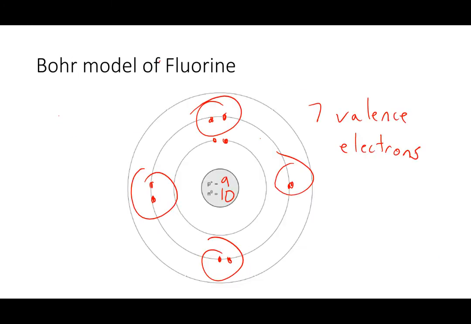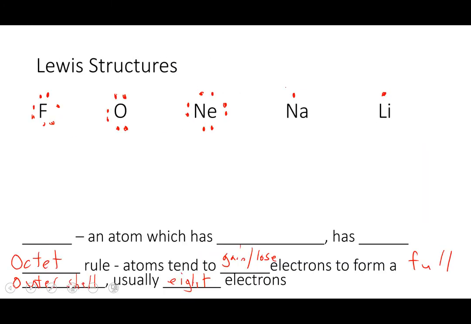It tends to gain an electron. It will add an electron from somewhere. And when it gains an electron, it forms a minus charge because electrons are negatively charged. So if I gain an extra negative electron, I will now have a negative charge.